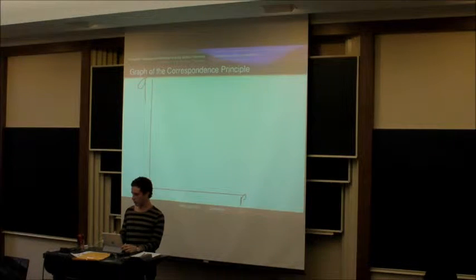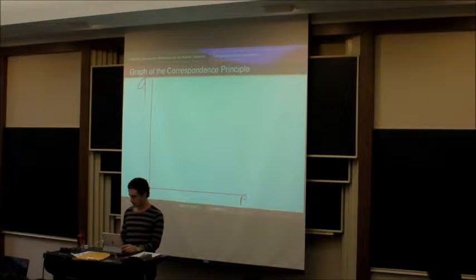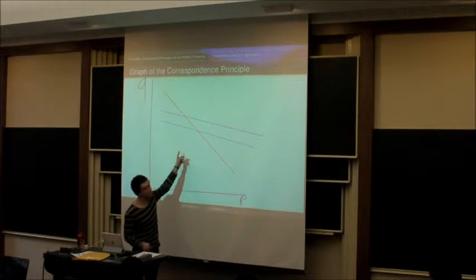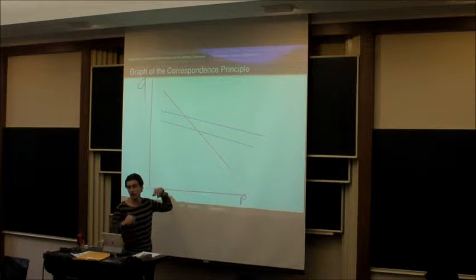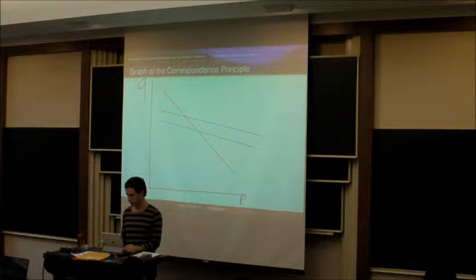Now to see that it's not about things all going in the right way, but about cutting each other correctly, let's imagine that both demand and supply slope down. But the demand slopes down more quickly than supply does. Then if we increase supply, we again get things going in the right direction. The price goes down when supply increases, as long as the demand curve cuts from above to below the supply curve.